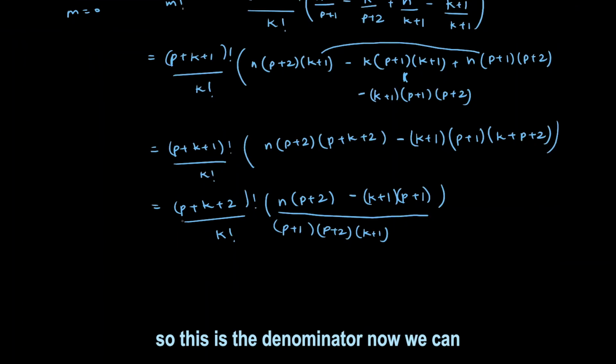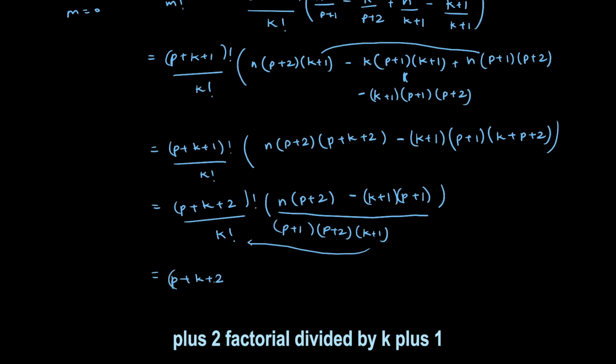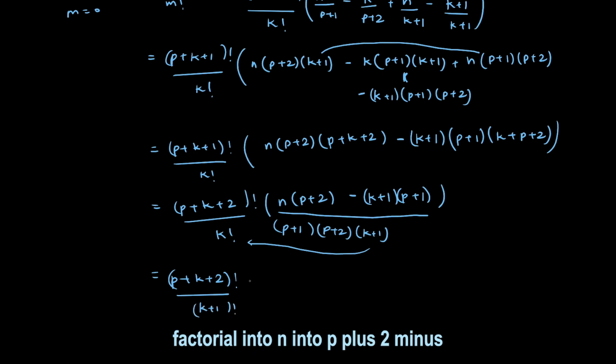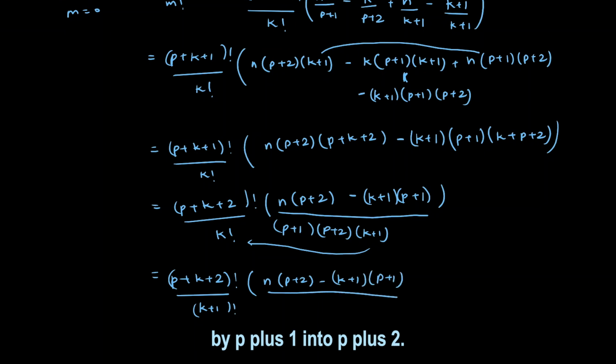Now we can take the (k plus 1) here into the k!, so we get (p plus k plus 2)! divided by (k plus 1)! into n into (p plus 2) minus (k plus 1) into (p plus 1), divided by (p plus 1) into (p plus 2).